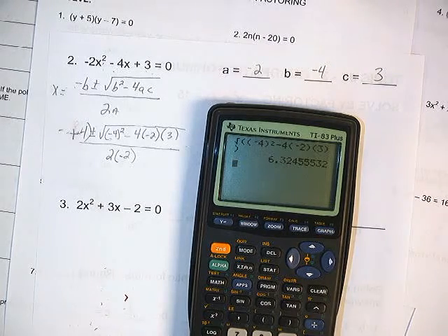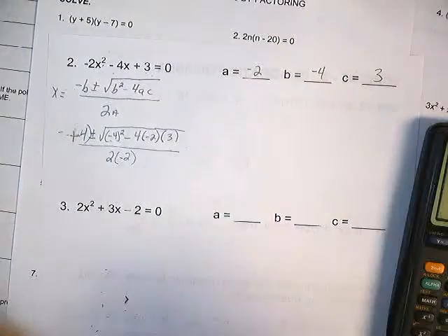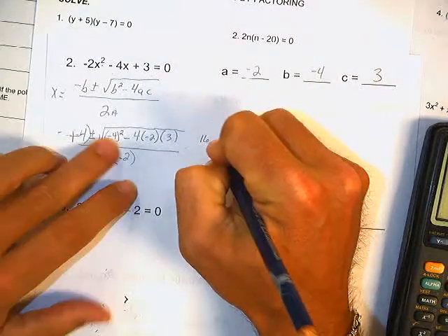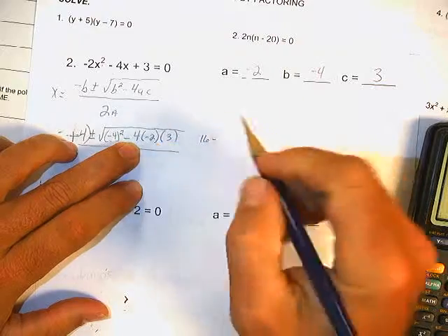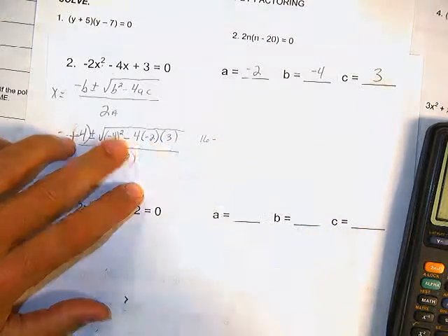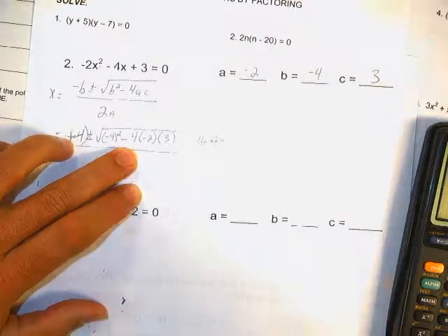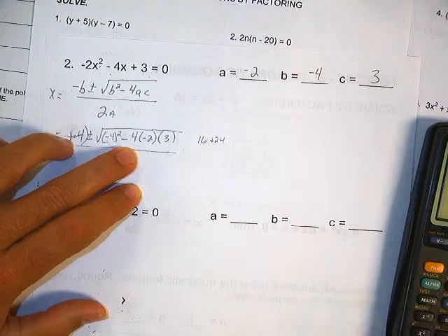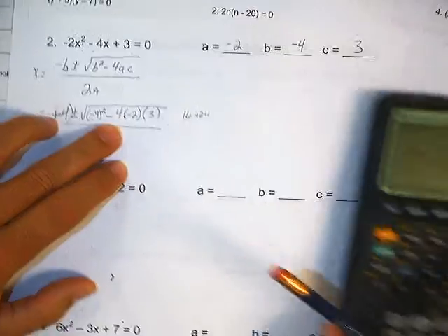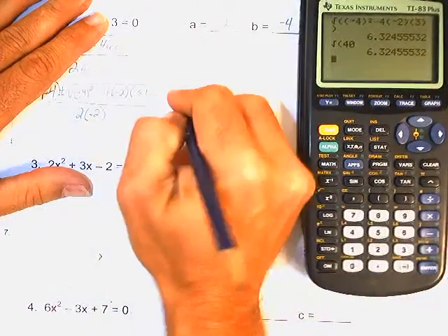Let me check something real quick. Just hold on for a second. Let's see, that's 16 minus 8, 16, 24. Yeah, that's the same thing. I just did the work.